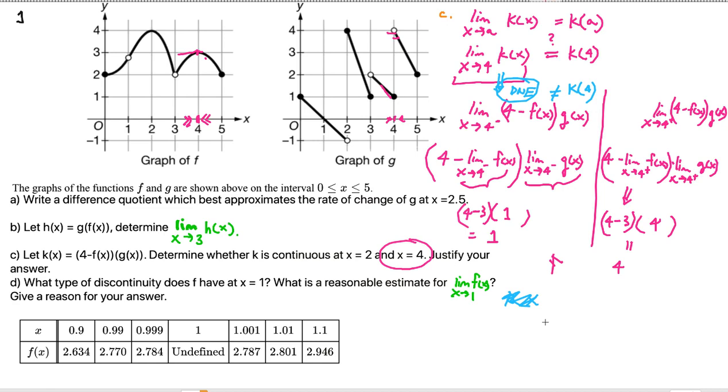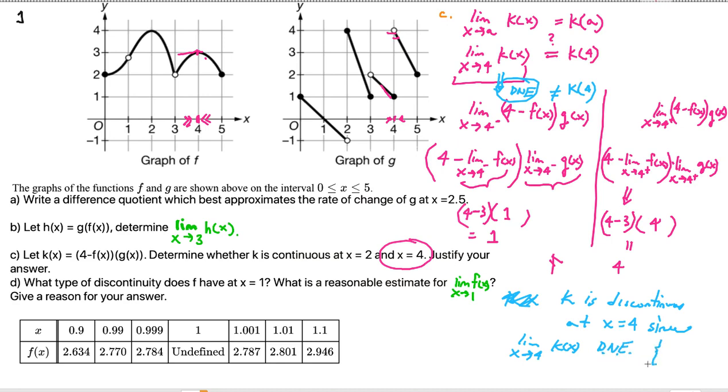So I have: k is discontinuous at x equals 4 since the limit as x goes to 4 of k of x does not exist.